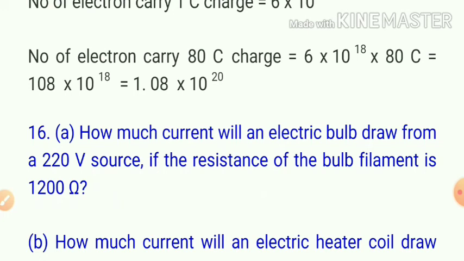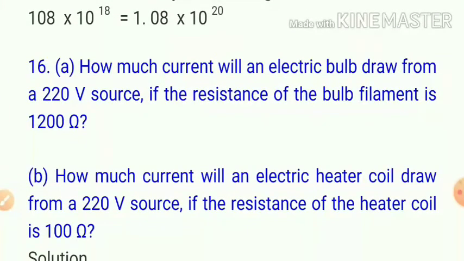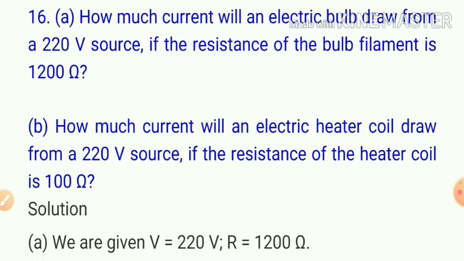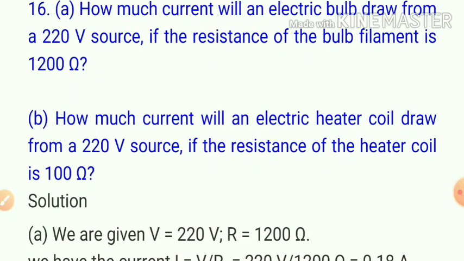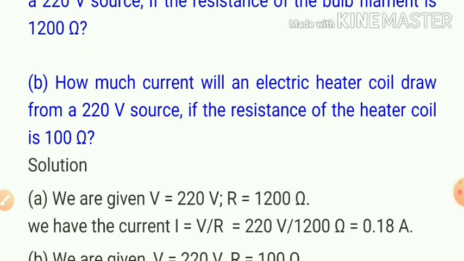Now the next example: how much current will an electric bulb draw from a 220 volt source if the resistance of the bulb filament is 1200 ohm? And in the same question, sub-question B: how much current will an electric heater coil draw from a 220 volt source if the resistance of the heater coil is 100 ohm?